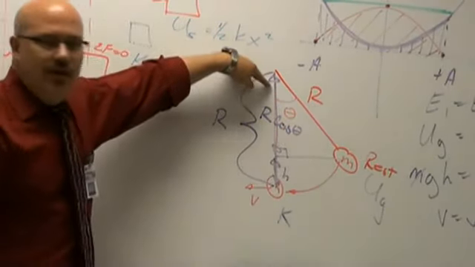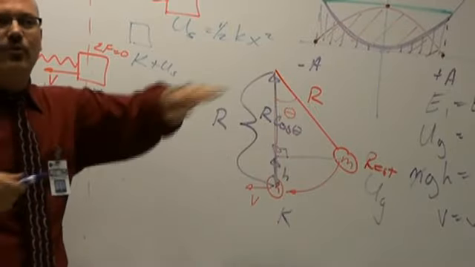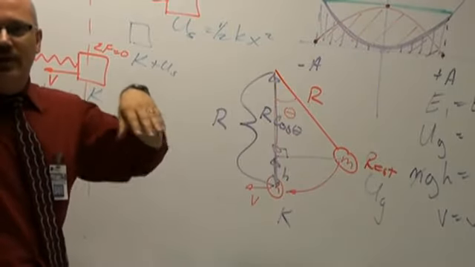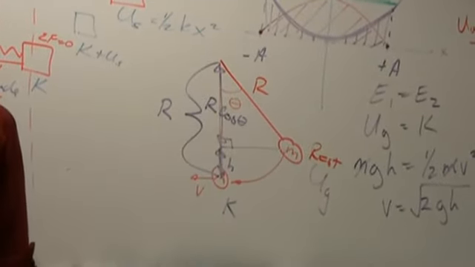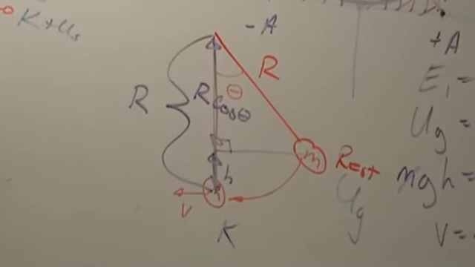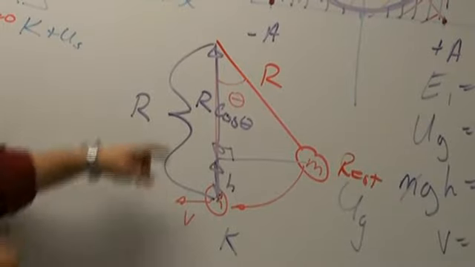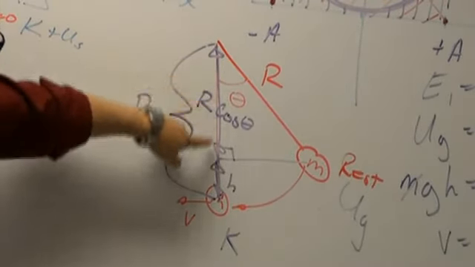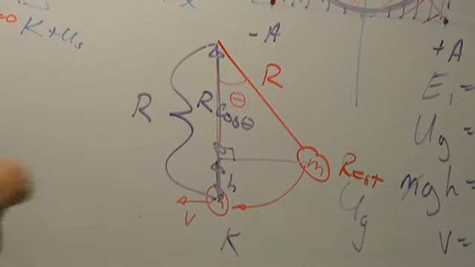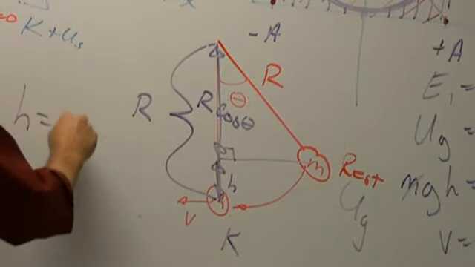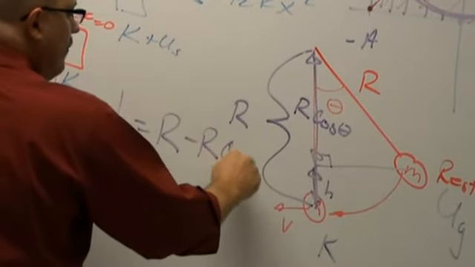Does everybody see that? Now this is really tricky because this is a really simple problem until you get to the h part, right? This is a classic physics B problem because they're trying to make something a little more challenging for you. So r cosine theta, this side of the triangle, plus h must equal r. Therefore h equals r minus r cosine theta.